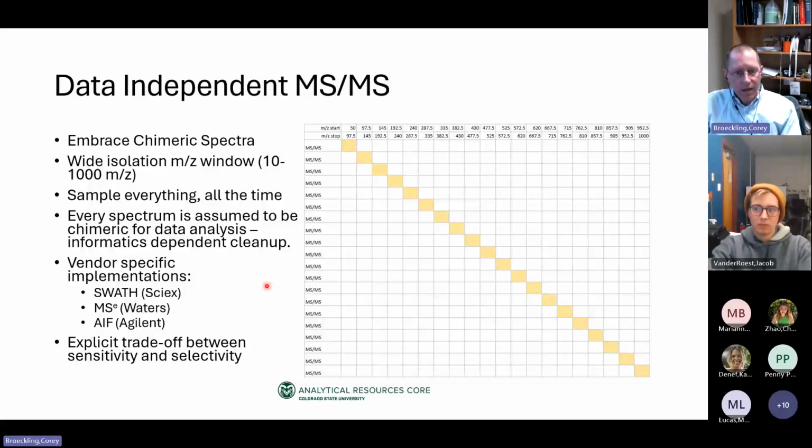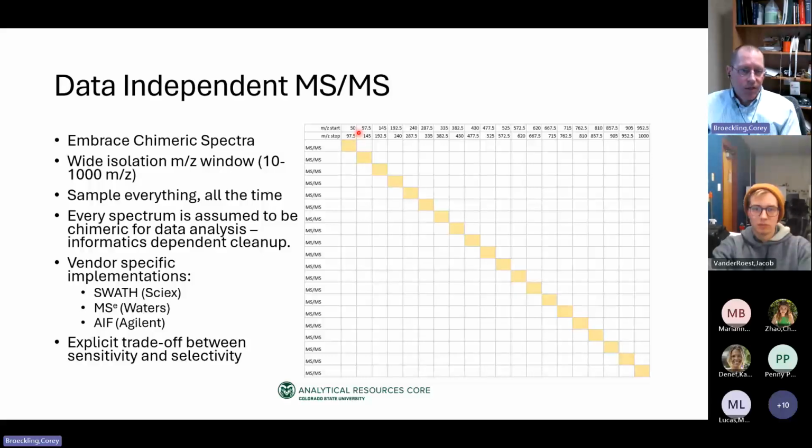anymore. Instead, we are going to set up an MSMS method that samples all of the masses all of the time. And the way that it does this is it scans through a particular mass range. In this case, in this table, you see a start mass of 50 and an end mass of 1,000. Now, within this first bin, this box, we actually set the range rather than to say 4 mass units.